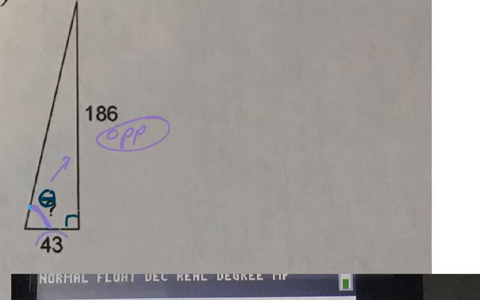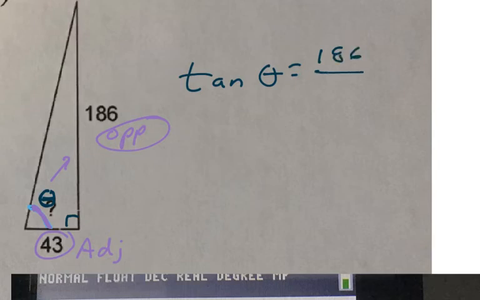And see how the 43 here is next to it? We call that adjacent. So what uses opposite and adjacent? Again, you better know that's TOA, tangent. So tangent of theta is 186 over 43.